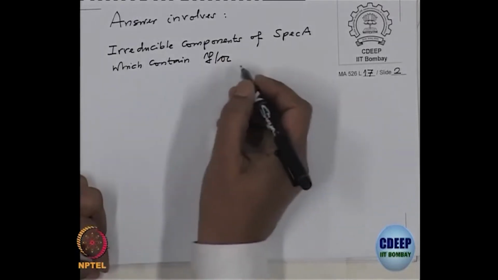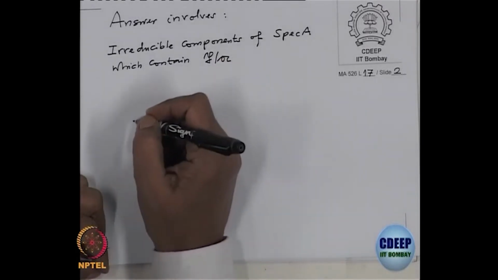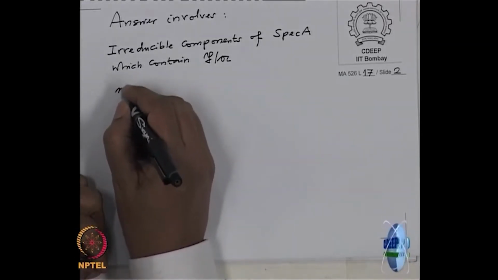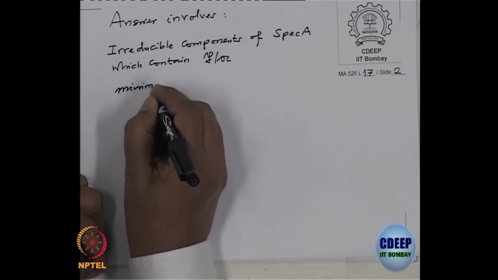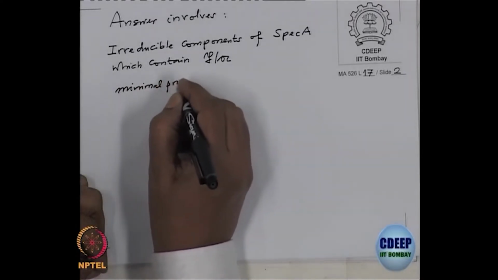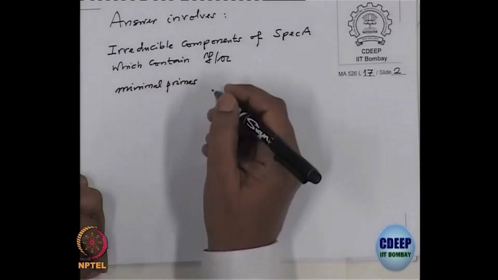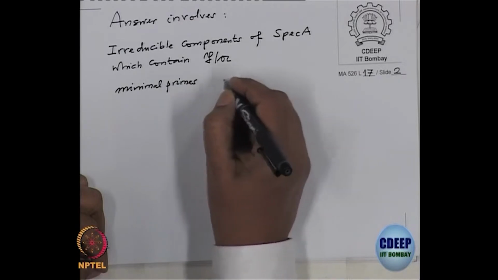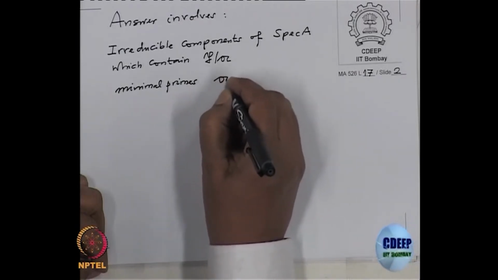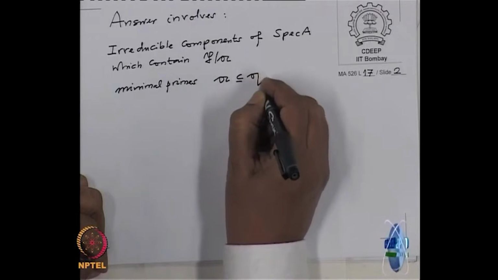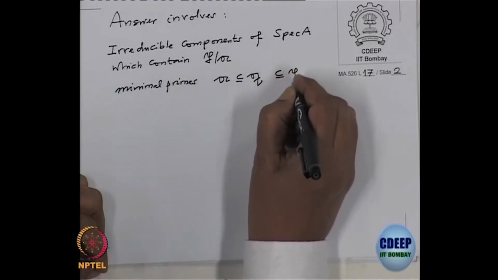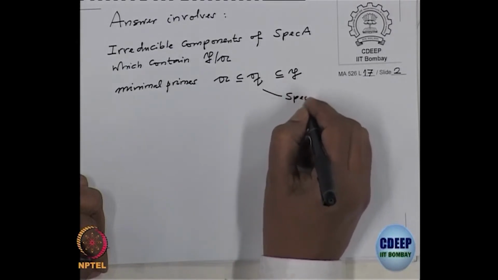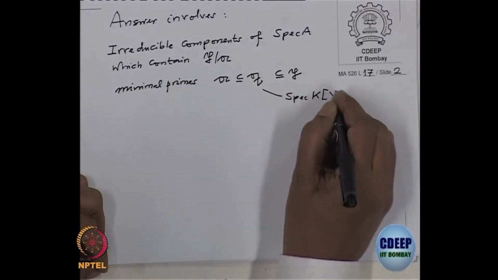This is in purely algebraic language. So this means minimal primes of the ring A. That means minimal primes Q with A contained in Q contained in P, where these are in the spectrum of k[x1,...,xn].